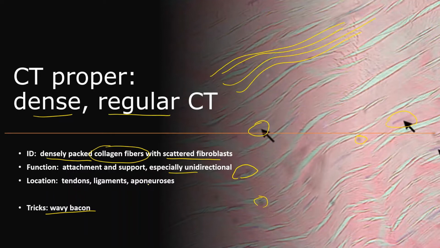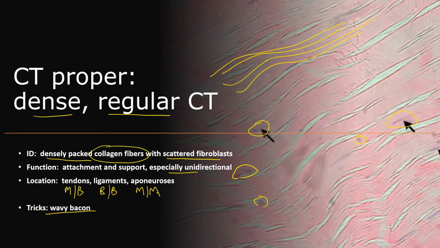And if you have trouble with these words, let me help you a little bit. A tendon is something that holds a muscle to a bone. A ligament is something that holds a bone to a bone. And an aponeurosis is something that holds a muscle to another muscle.